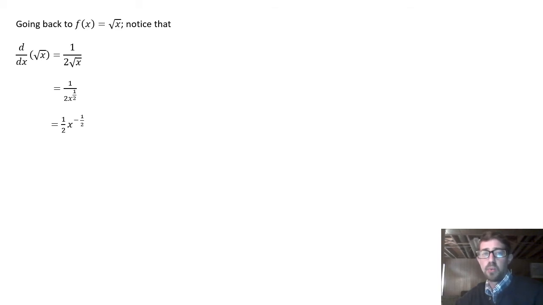So 1 over 2 times the square root of x is the same thing as 1 over 2 times x to the 1/2. And if you have an x to the 1/2 in the denominator, that's the same thing as x to the negative 1/2. So 1/2 x to the negative 1/2 is just the way you'd write 1 over 2 times the square root of x using fractional exponents rather than radical notation.